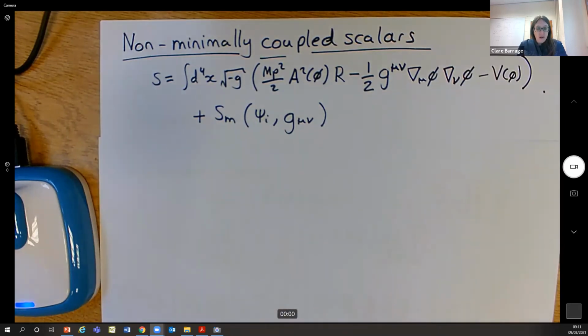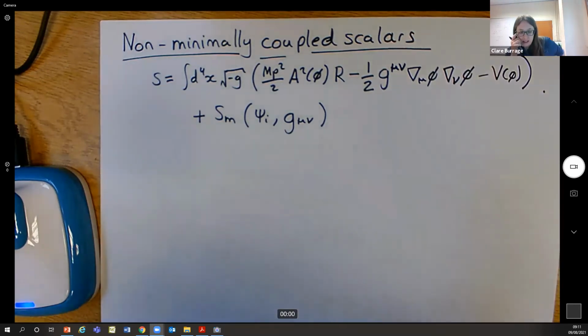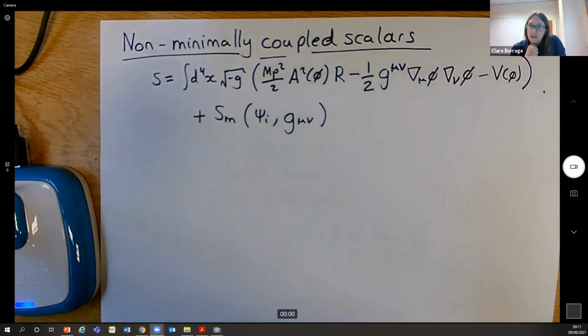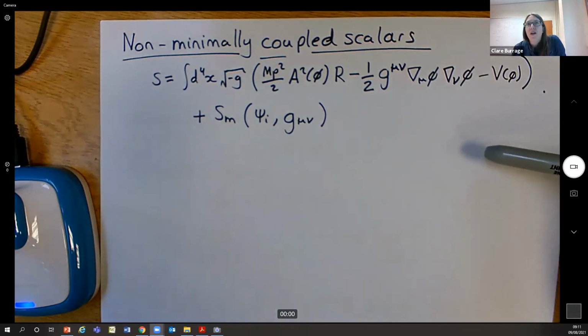Now, one thing that is interesting at this point is that we have a number of choices of ways to write this theory. One of them is the one I've given you here, but I'm also allowed to do field redefinitions.